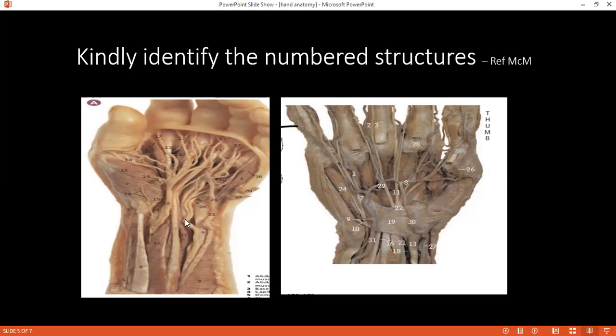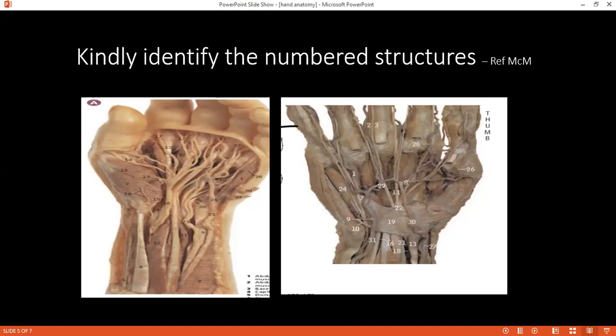And 25, please. It is the ulnar nerve. And the image on the right-hand side, quickly identify number 31. 31 is the ulnar artery.